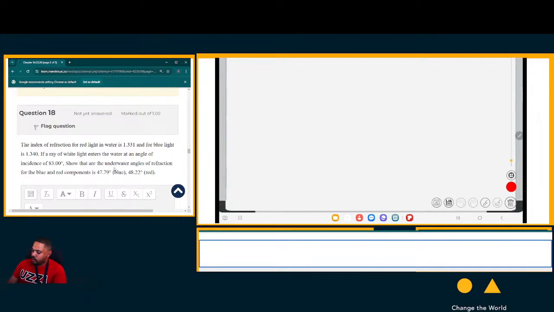For red light, we have the following: n1 sine theta incident equals n2 sine theta refracted. Now we know n1 for air, because it's moving from air to water.